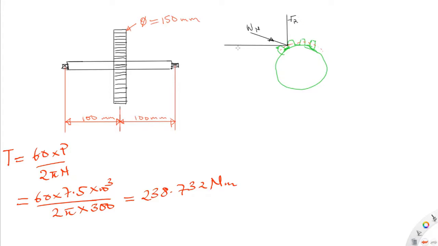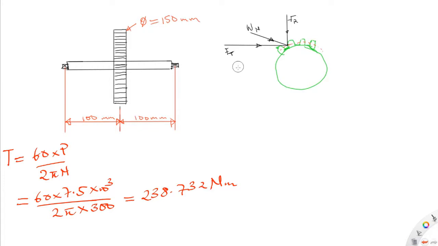Then there will be another load which also will act in this direction. There will be another load which is acting in a tangential direction. Let's call that FT. So this FT here is a tangential load which will bring the torque to the system.